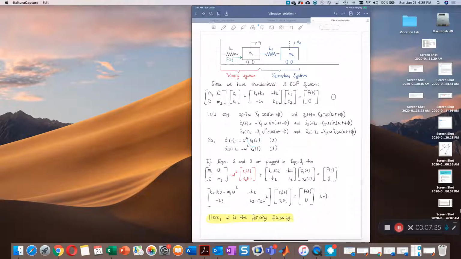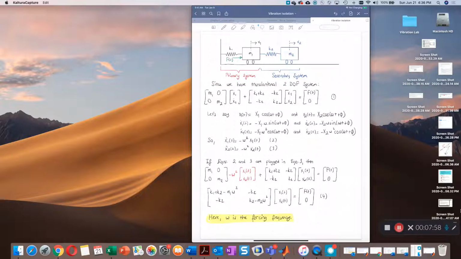Similarly, I have x2 double dot, which is equal to negative omega squared times x2. Remember, omega is our forcing frequency. If equations 2 and 3 are plugged into equation number 1 and we factor out x1 and x2, I will get to this form.